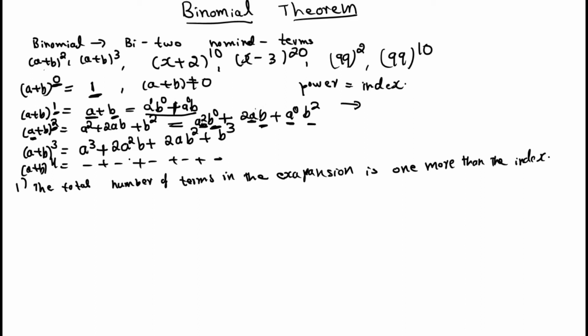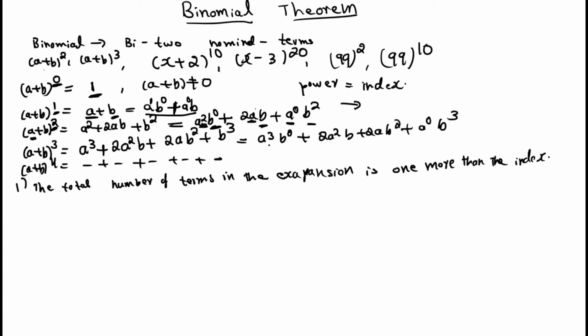Okay. Or consider the third expansion. You can write it as a cube into b to the power 0, plus 3a square b, plus 3ab square, plus a to the power 0 into b cube. Now again check. First check the first quantity. What is the power? 3.